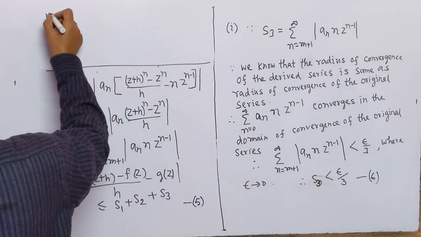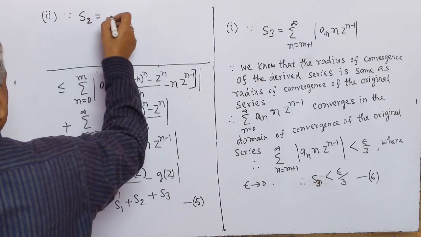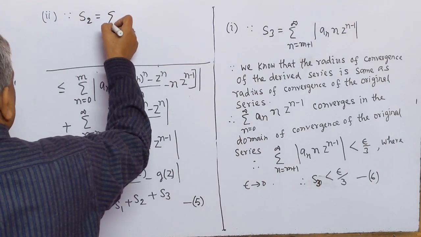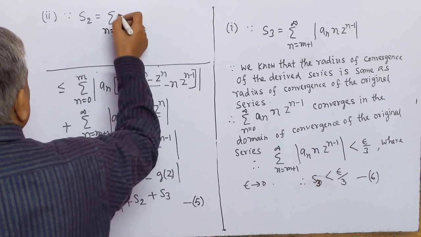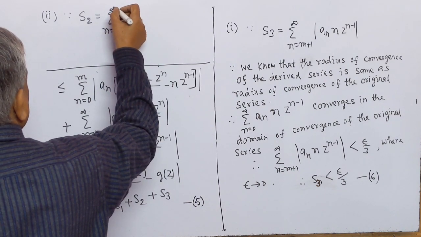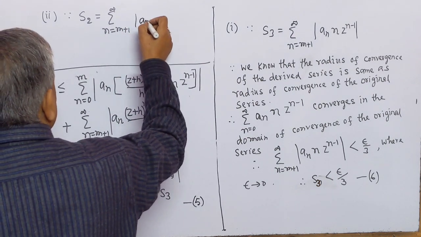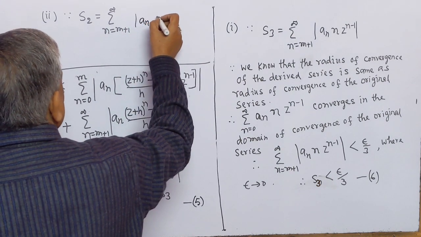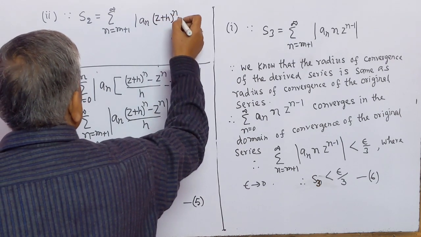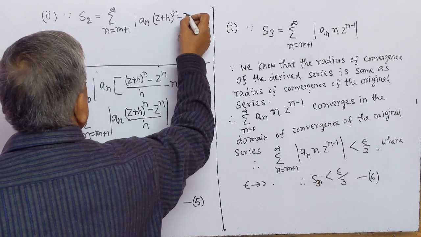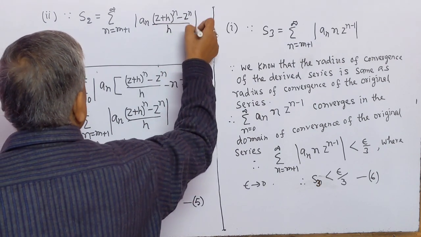Number 2. Since S2 equal to sigma n equal to m plus 1 to infinity modulus of a_n ((z plus h) to the power n minus z to the power n) by h.